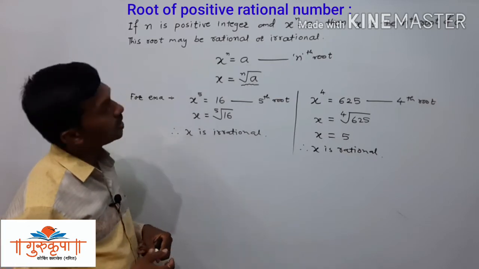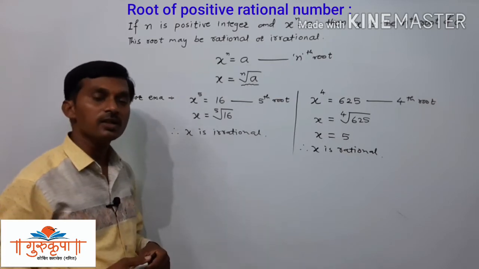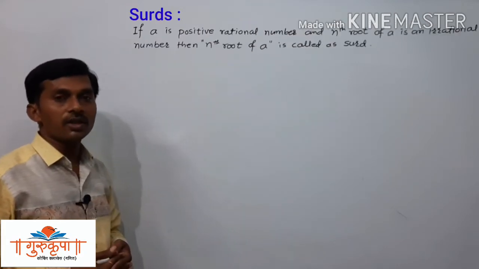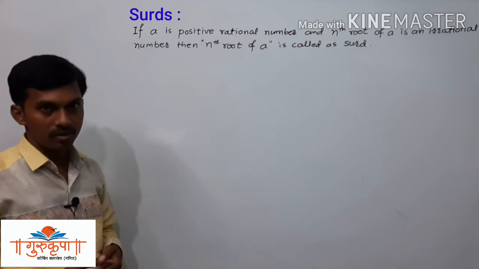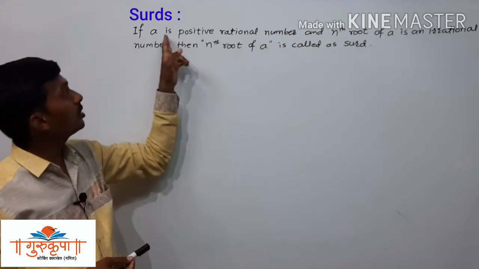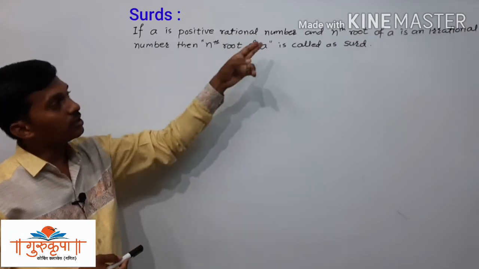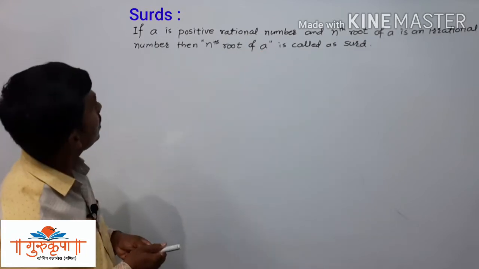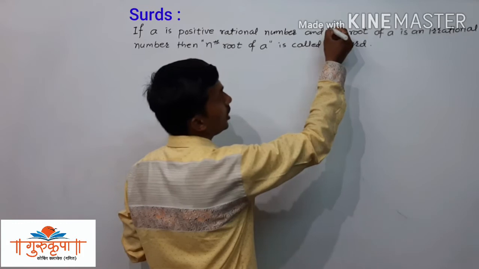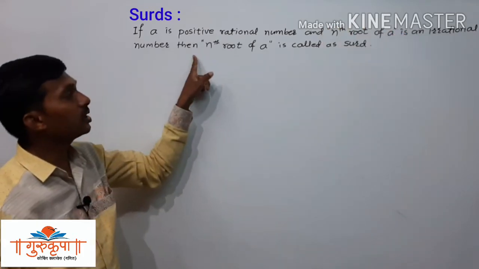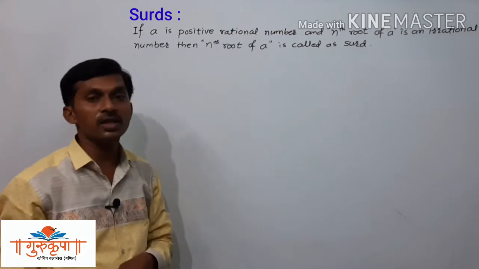Now we have to study the next concept, that is surds. If a is a positive rational number and the nth root of a is an irrational number, then the nth root of a is called a surd.